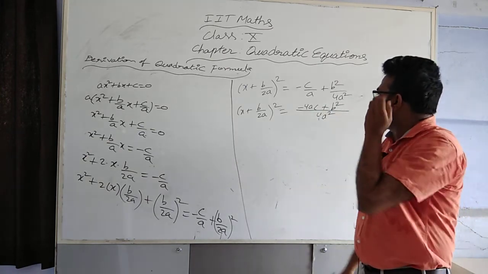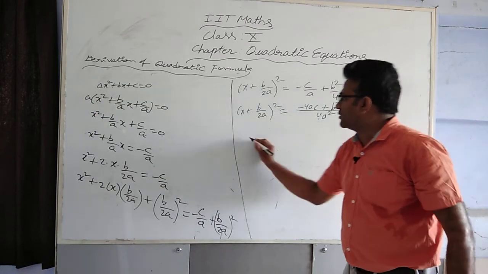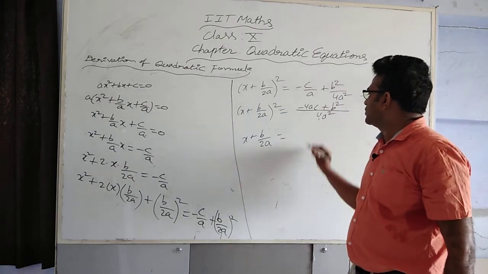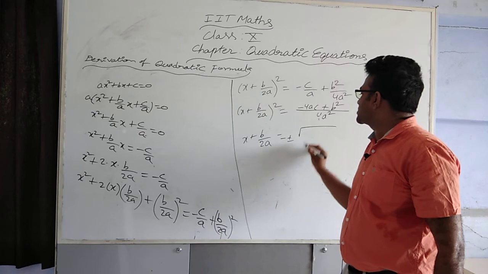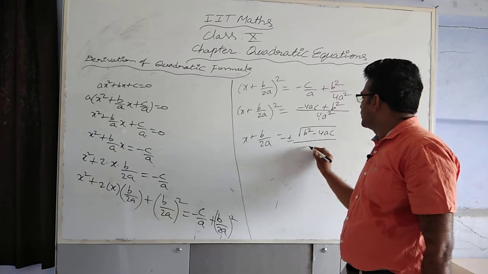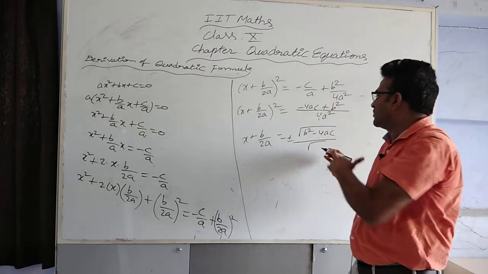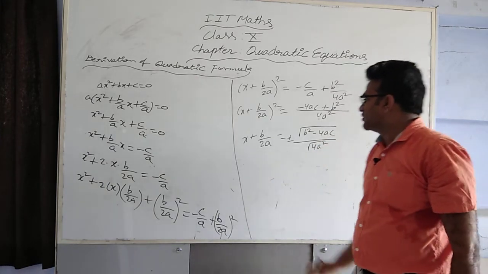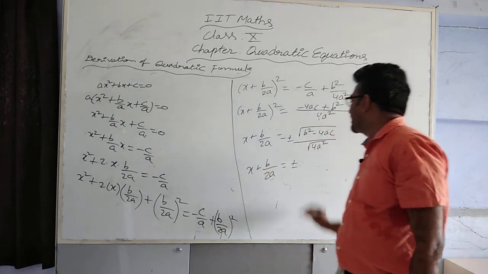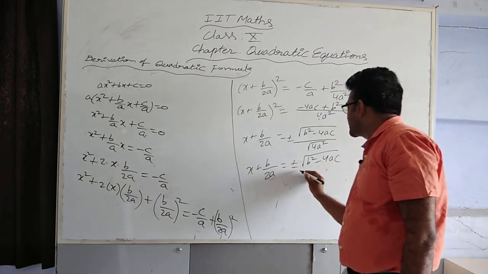So b square minus 4ac. Now I want to transpose the square to this side, then it will become square root. x plus b by 2a equals plus or minus square root of b square minus 4ac by root of 4a square. So I am applying root directly for both numerator and denominator. So finally x plus b by 2a equals plus or minus root of b square minus 4ac by 2a.